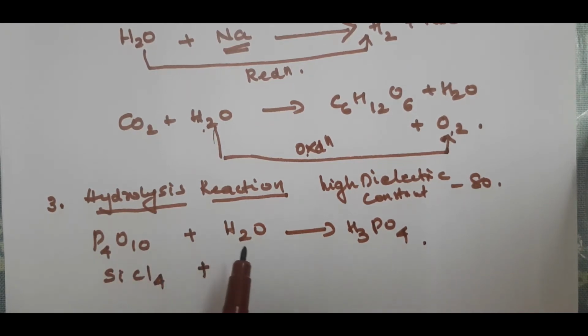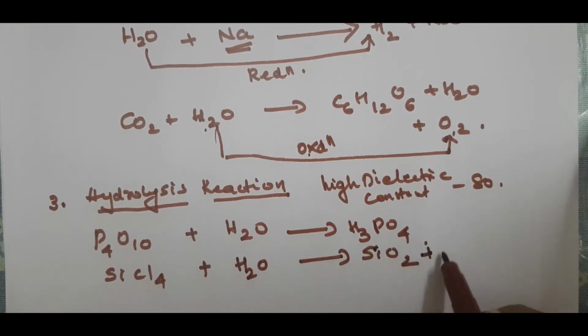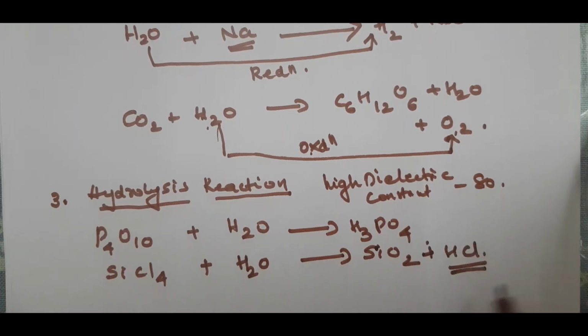You have studied ionic compounds dissolving in water, but some reactions are such that covalent compounds can also be dissolved in water, forming the corresponding products. So in this case, SiCl4 plus water will give you SiO2 plus HCl. So these reactions can also happen.